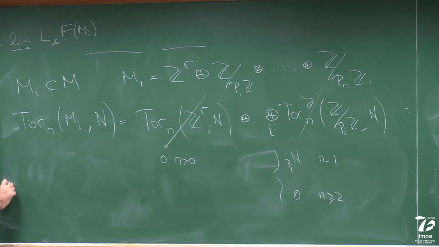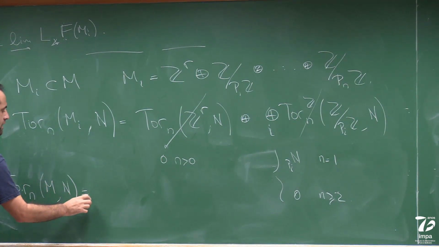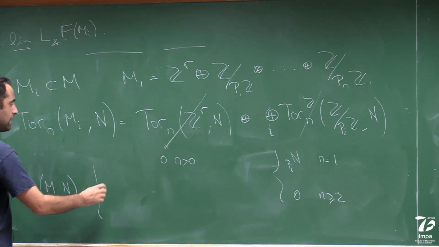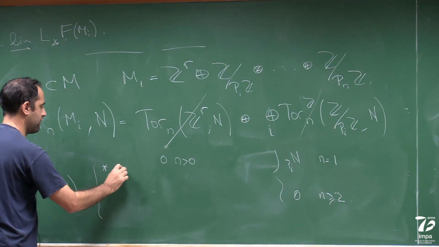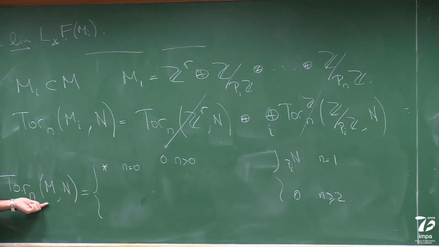So the Tor_n of M, N is equal to something if n is equal to 0, which you can decide because you know what it is. The Tor_0 is the functor itself applied, and the functor itself is just the tensor product over Z. So this is just the tensor product of these two abelian groups.